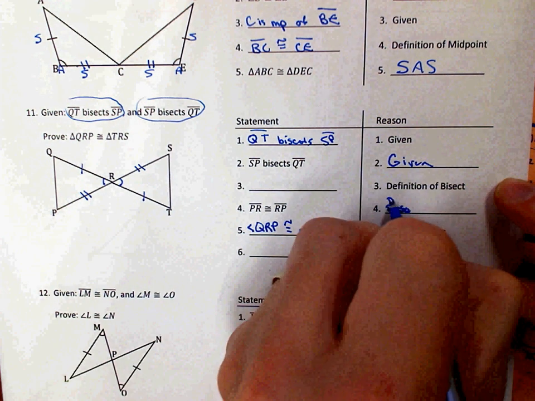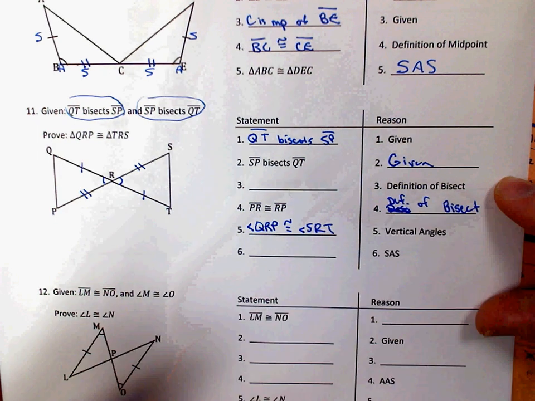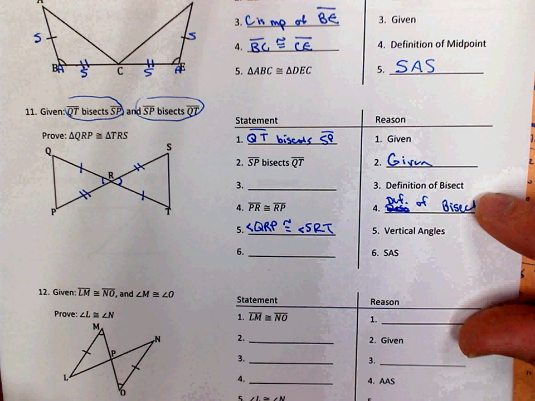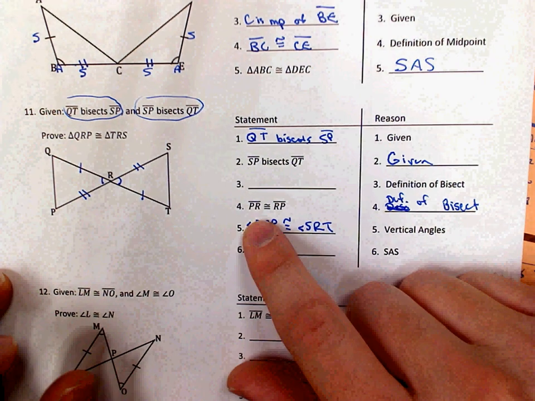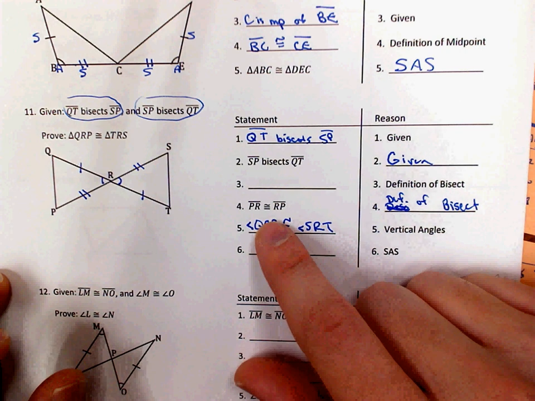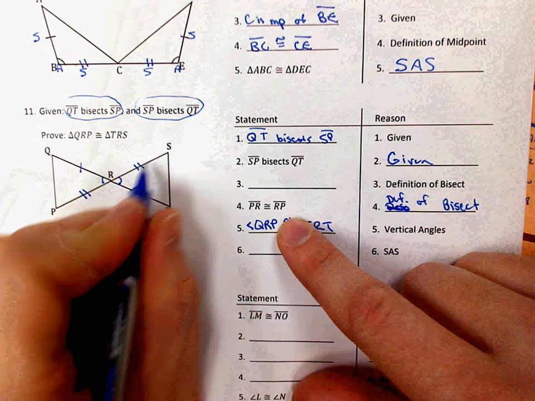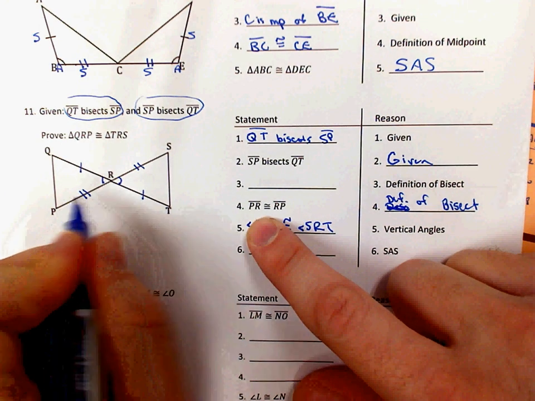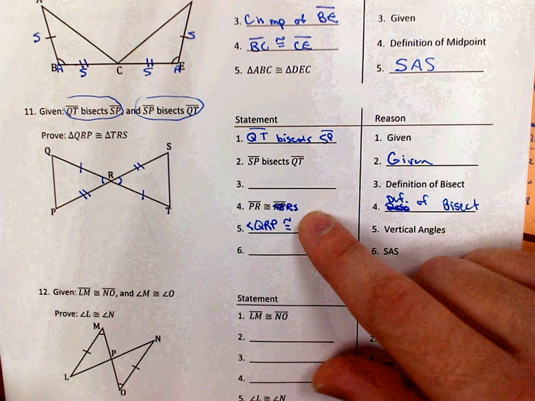Definition of bisect. So now what two things are the same because of those bisections? They wrote PR is congruent to RP, which should say RS. PR is congruent to RS. That's what that should have said.